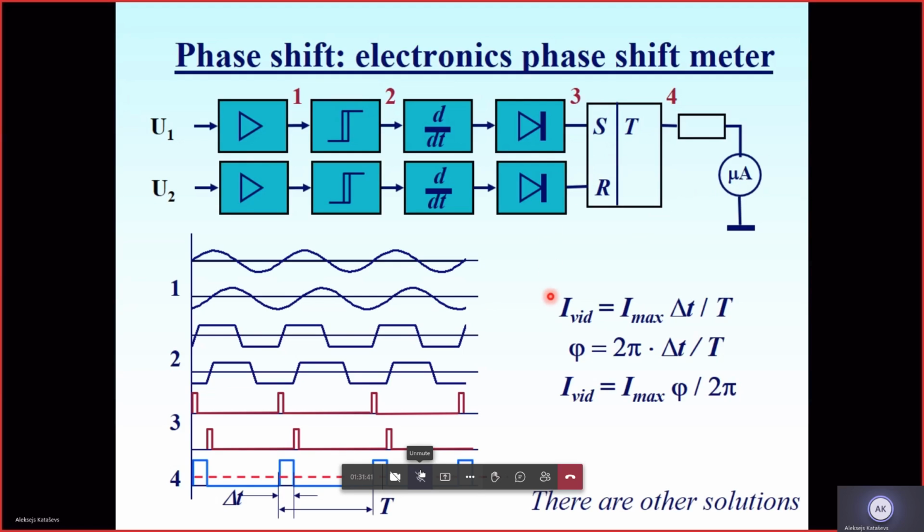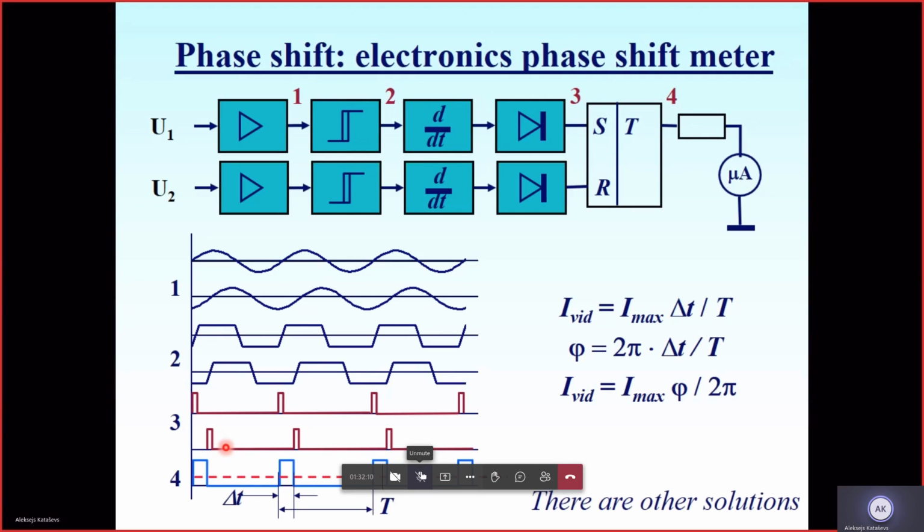But when we continue to increase the period, this pulse which actually coincided with the first channel pulse will continue to move left on our picture, and finally we get the same situation as at the very beginning of this experiment, when we have just a small phase shift. So this meter could not distinguish shifts which are more than 2 pi, or more than 1 period.